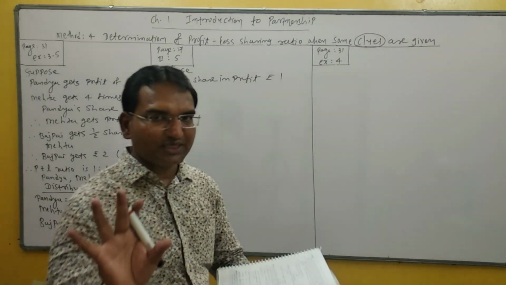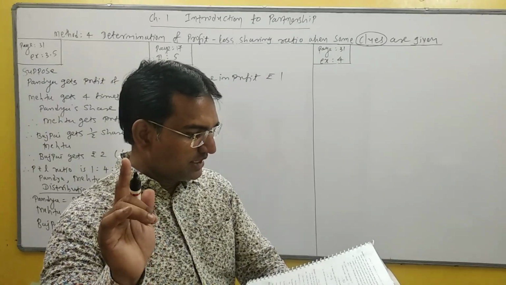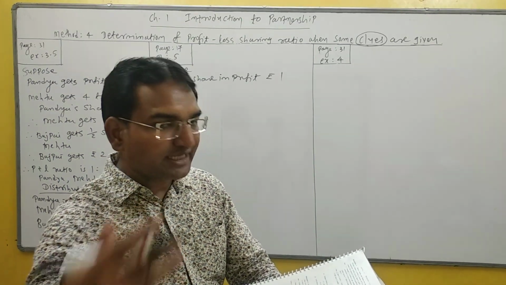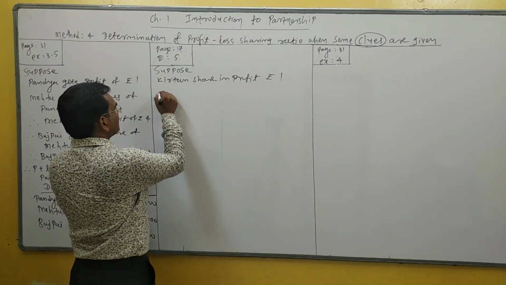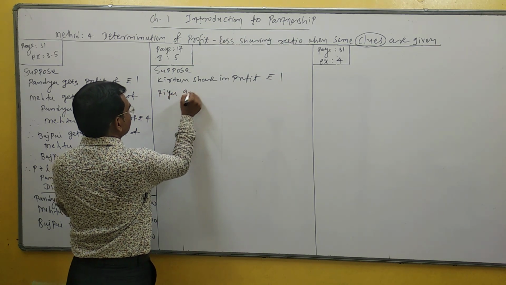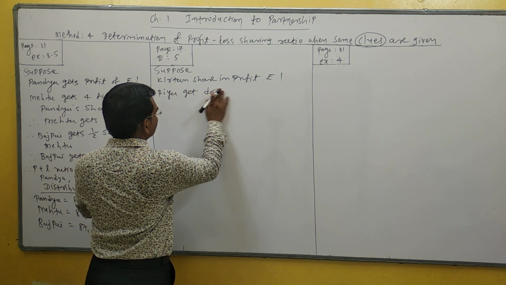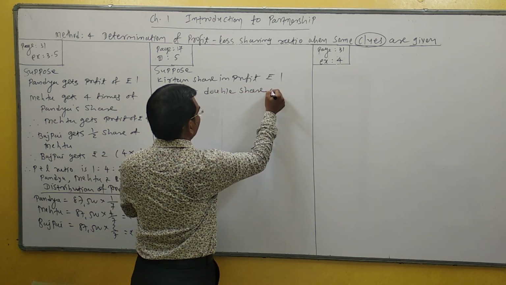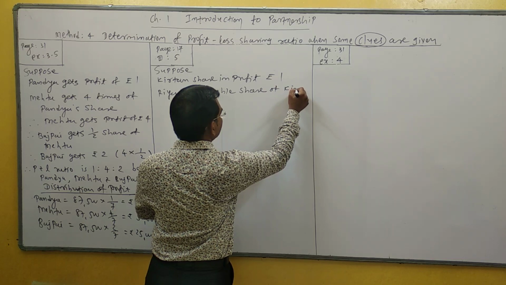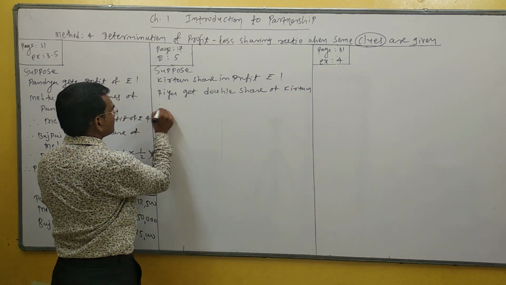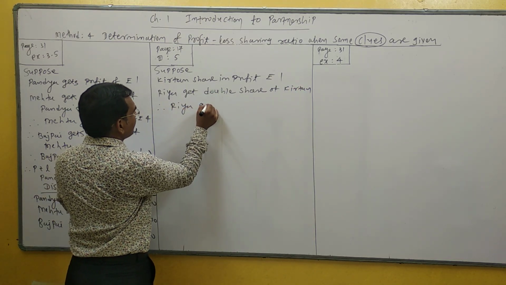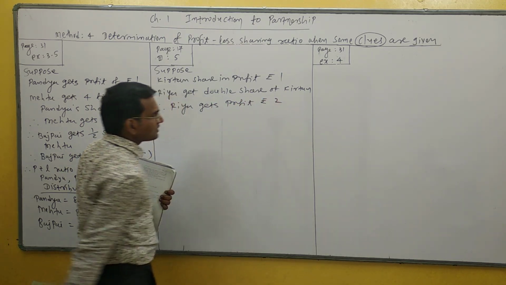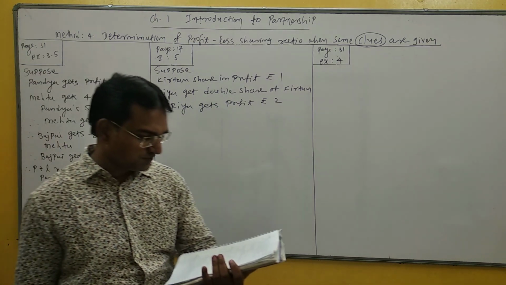Kirtan 1 according to the condition. Now the share of Riya is double that of Kirtan. Riya gets double the share of Kirtan. So Riya gets profit rupees 2. Riya's share of profit is 2.